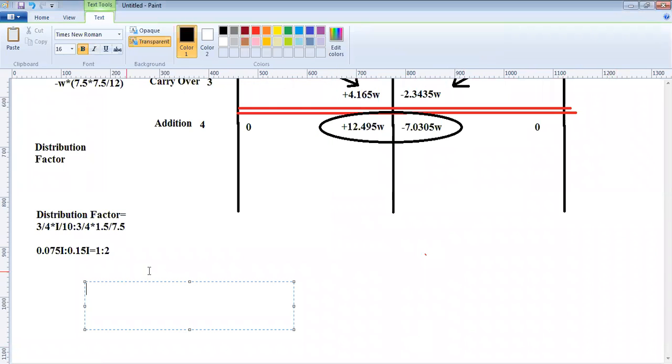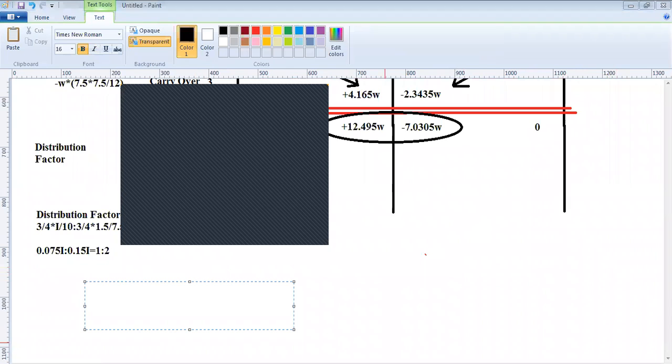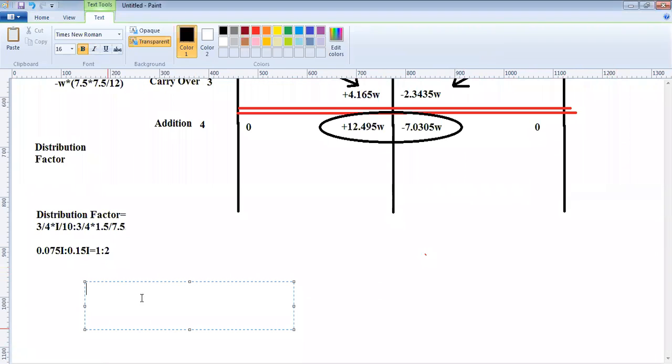Am I right? Yes, sir. 5.4645 into W is the total moment at support B.